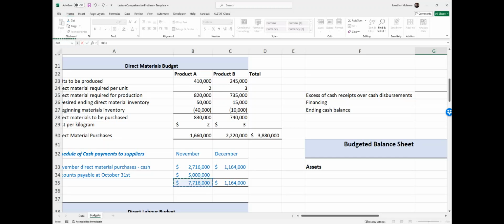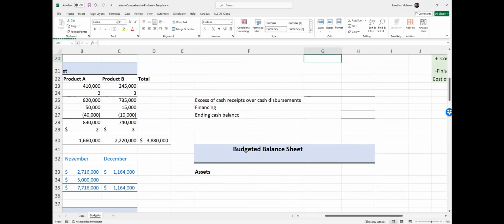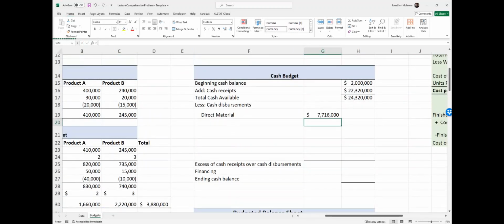Remember, the 2,700,000 is from the direct material that you purchased in the current period, and then we have this 5 million that was payable from the previous period. So those were our direct material payments.